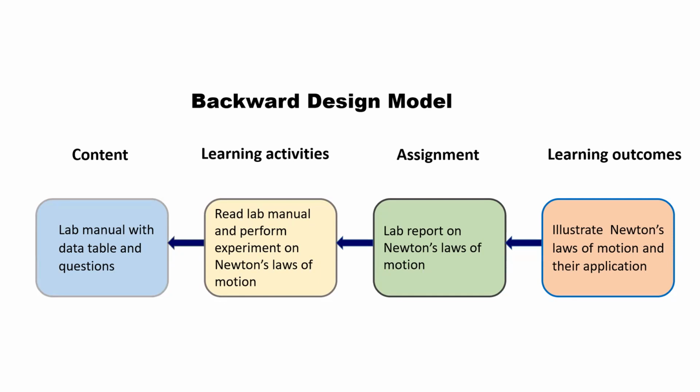Then I have to design the assignment. Then I have to design the learning activity: what students should do to achieve those goals that I'm planning to get out of my teaching, right? And then provide the content. So everything is aligned, right? Everything is in a single line. Everything means content, learning activities, assignment, and learning outcomes.